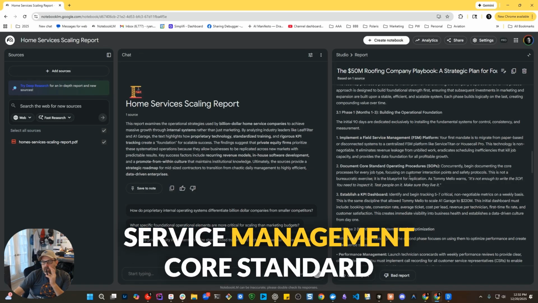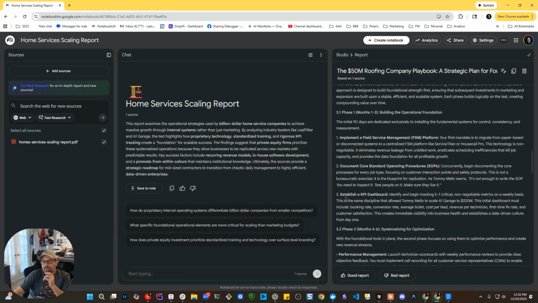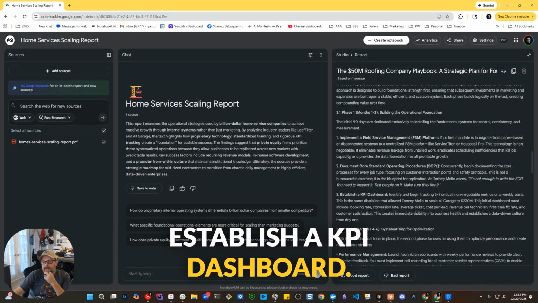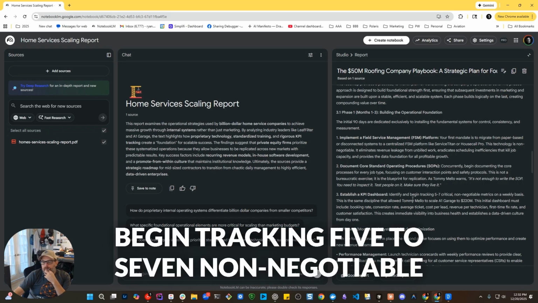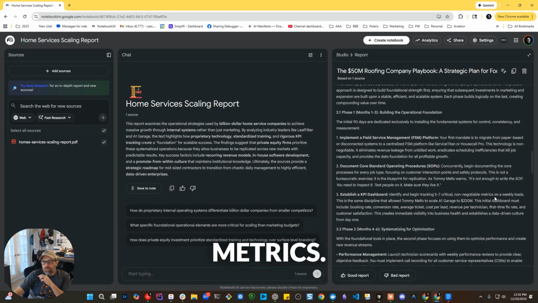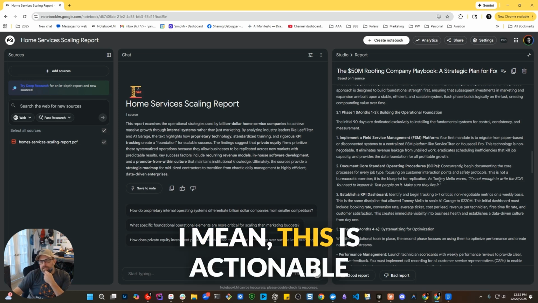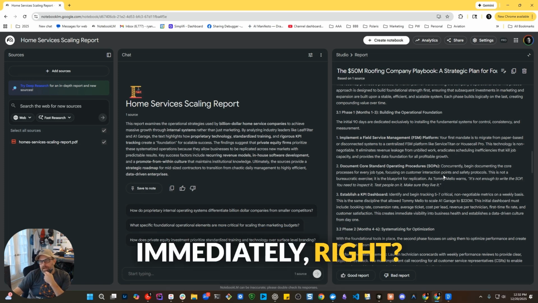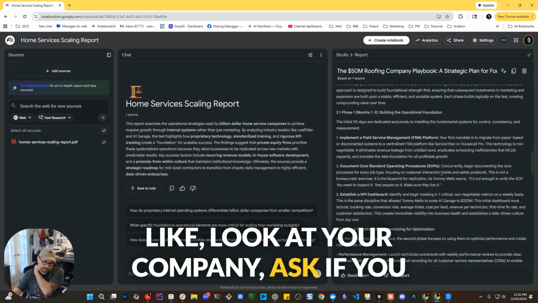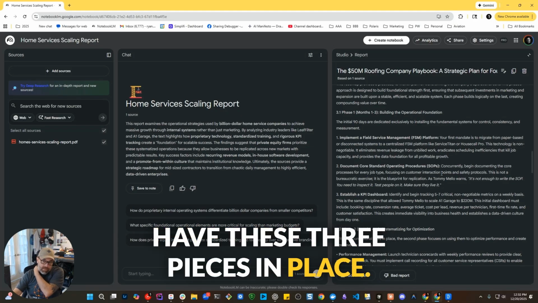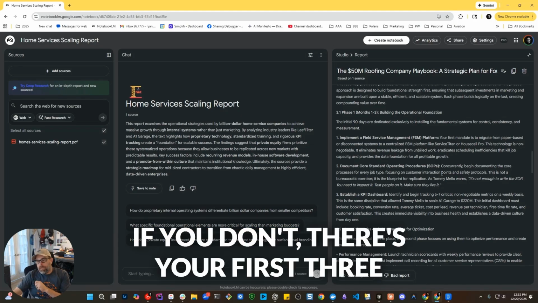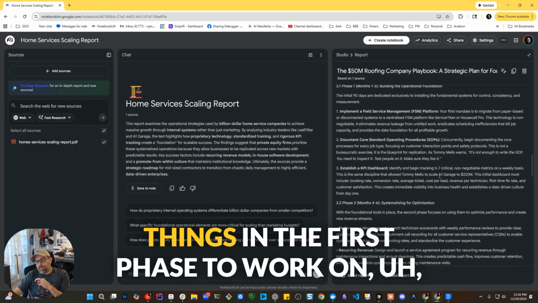Field service management, core standard operating procedures. Establish a KPI dashboard. Begin tracking 5 to 7 non-negotiable metrics. So there you go. I mean, this is actionable immediately, right? Look at your company, ask if you have these 3 pieces in place. If you don't, there's your first 3 things in the first phase to work on.